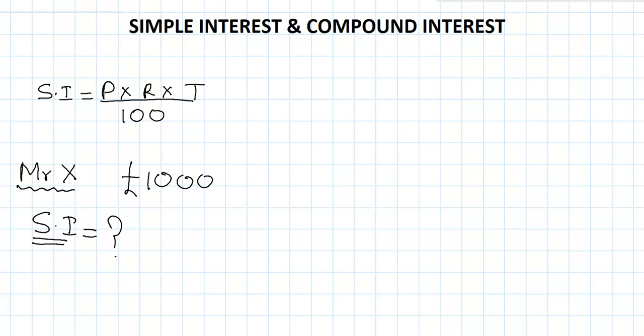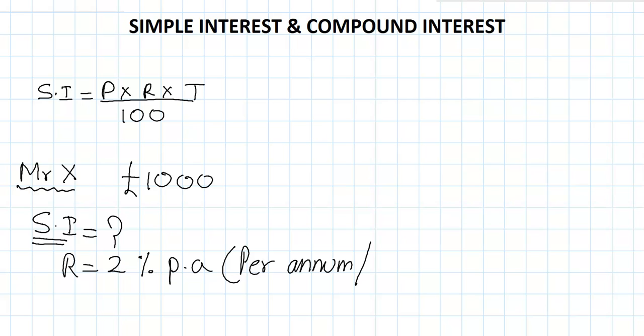What will be simple interest if rate is 2% PA, where PA stands for per annum, or you can say per year, and time is 2 years? So your question is, Mr. X deposited £1,000. What will be simple interest if rate is 2% per annum and time is 2 years?